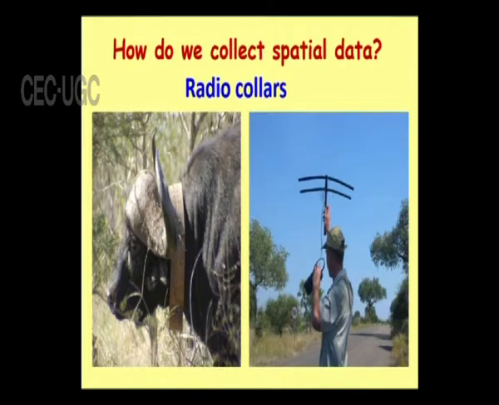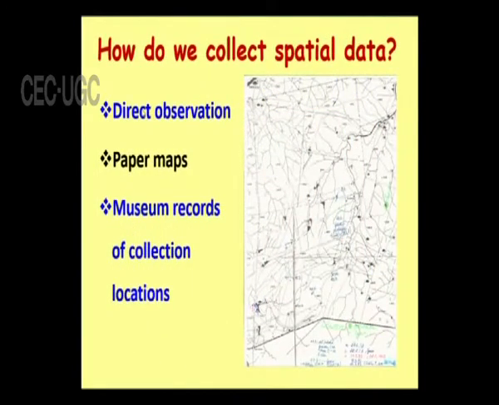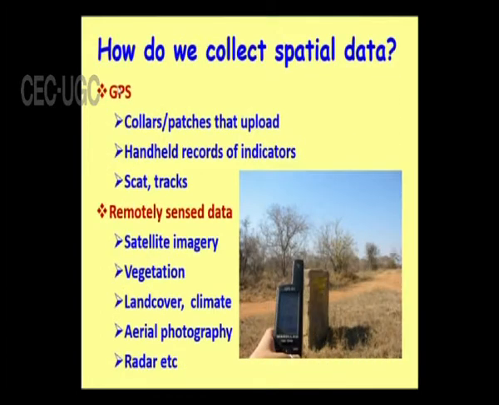So, this is an example of collecting spatial data, and spatial data can be collected by other means also: direct observation, paper maps, the museum records. By all these ways we can collect the spatial data, and the GPS, the geopositioning system, the collars or patches that upload, the handheld records of indicators, scat, tracks.